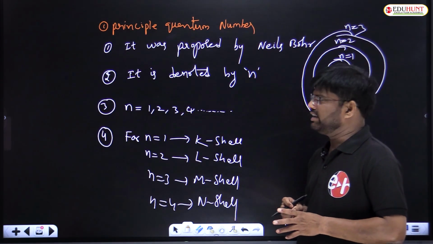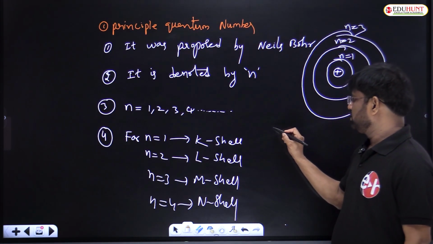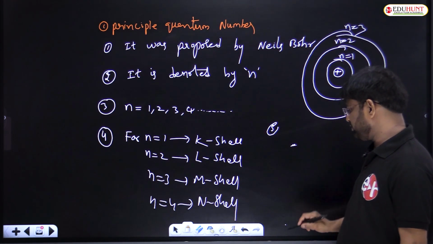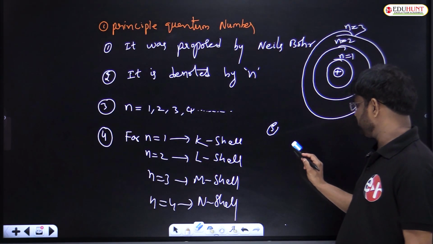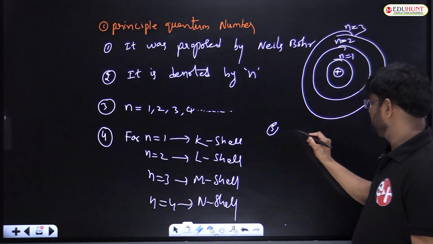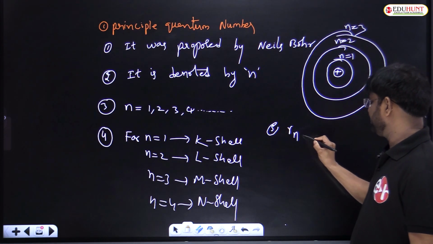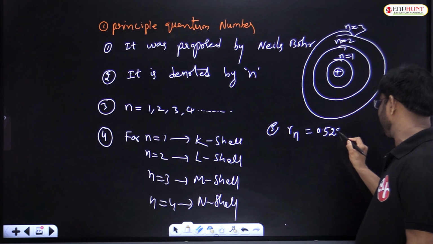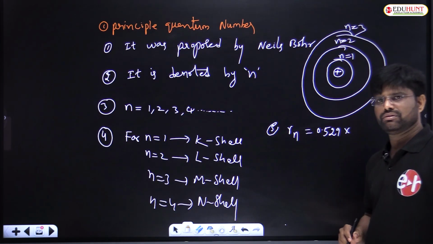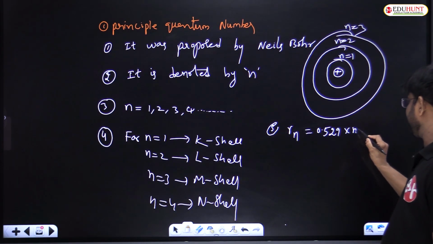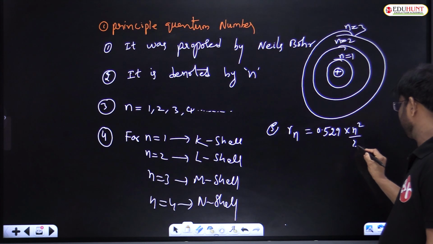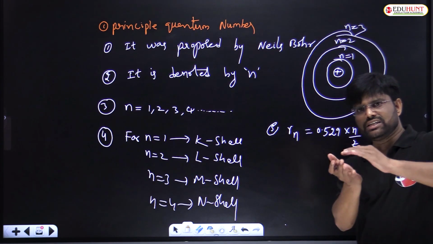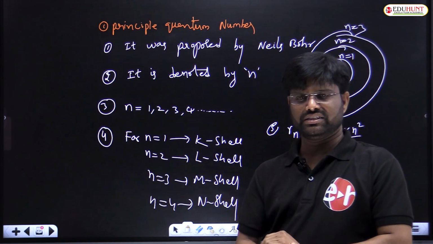Next, in the fifth point: radius of the nth orbit is 0.529 into n square by Z. The size of the orbit increases.